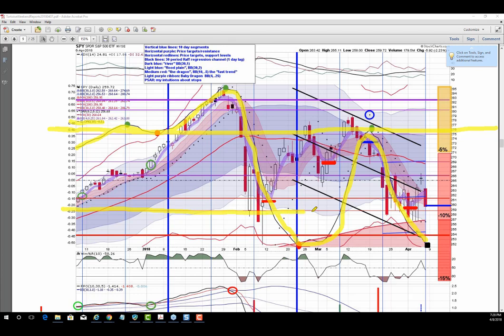This sets up between these two lines, plus 0.4 and minus 0.22, the long-term average plus or minus 1 standard deviation.